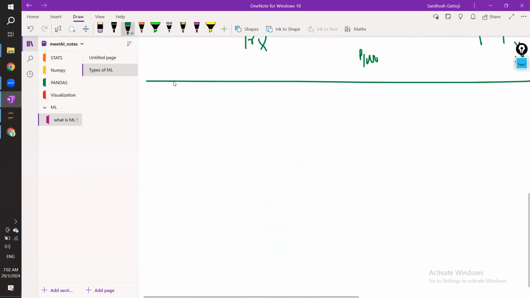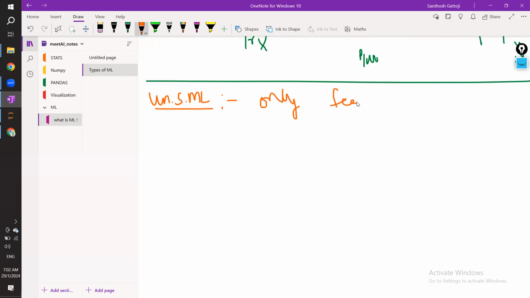So now the second case, which is unsupervised machine learning. Here you are going to have only features, and our task is to cluster them.